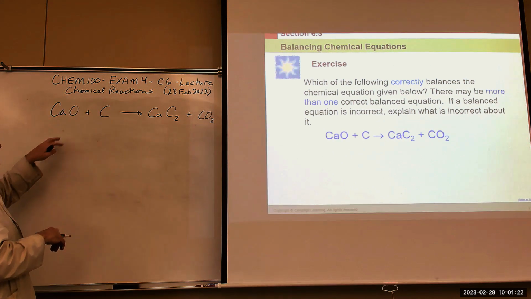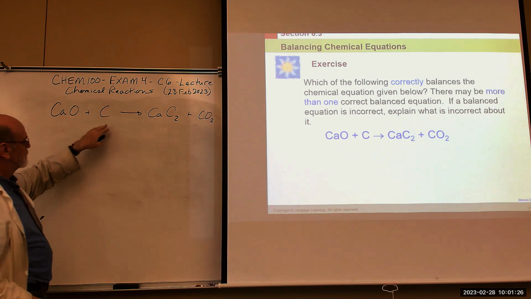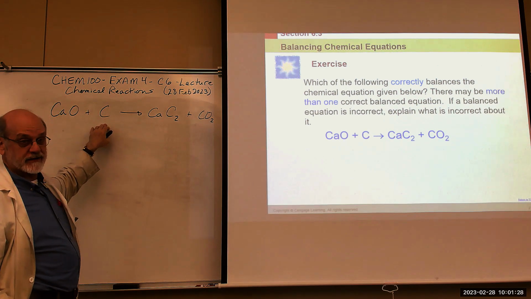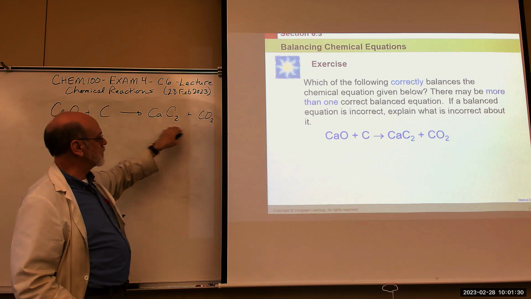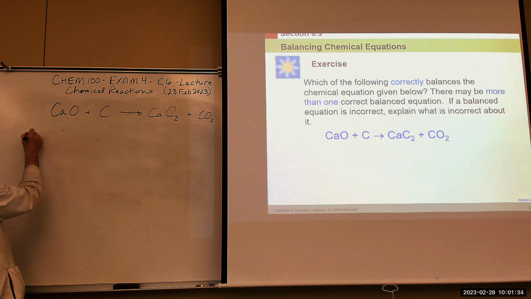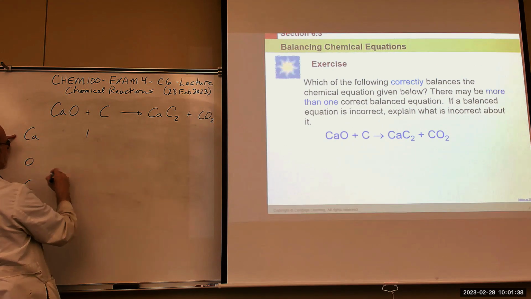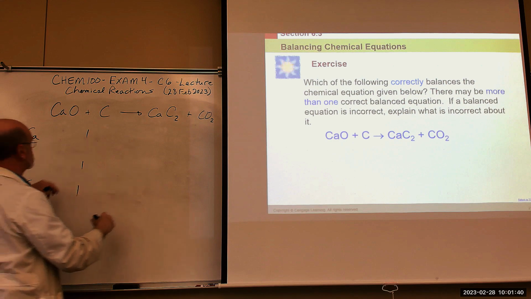Anyway, this reaction takes calcium oxide, lime, plus graphite, carbon, and makes calcium carbide and CO2. So let's see, we've got calcium and oxygen and carbon. So one calcium, one oxygen, one carbon. That was easy.